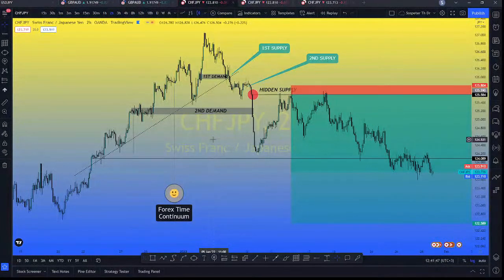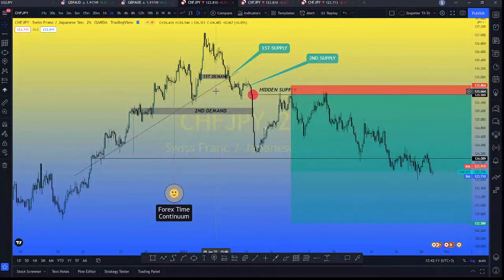So the point you've noted is that a change of character is usually a change of character when the second demand is taken out. This is on the sell model. When the first demand is taken out, there's some change of character, a 50% confirmation.